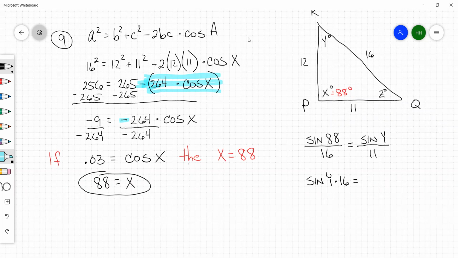So sine 88 times 11, 10.99. Divide both sides by 16. So sine of y equals, I got 0.687.